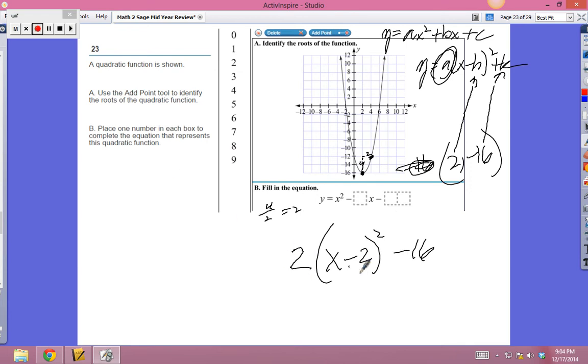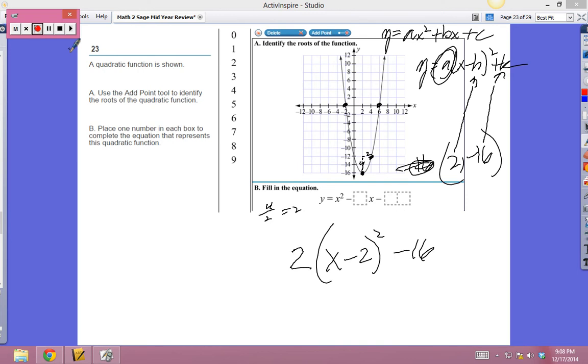If you type this into your calculator and graph it and turn the grid on, and if your vertex really is down here at 2 and -16, and it goes through this dot 6 and this dot -2, then you know you're 100% right. So you can use the calculators, use your street smarts to check and see if you're right. So I'm going to maybe pause and do that right now and see if we're close or see if we're off.